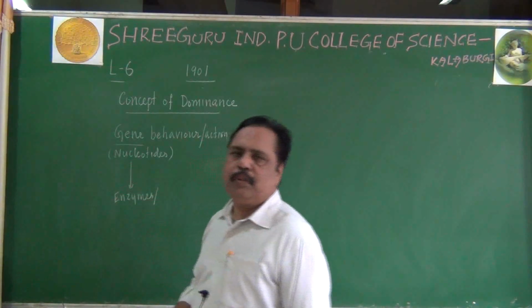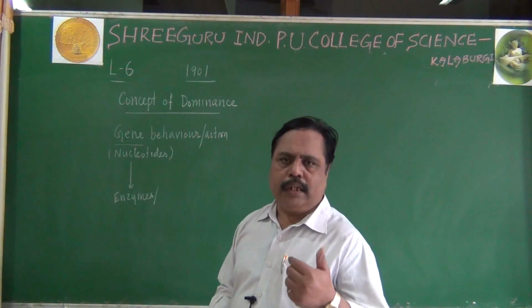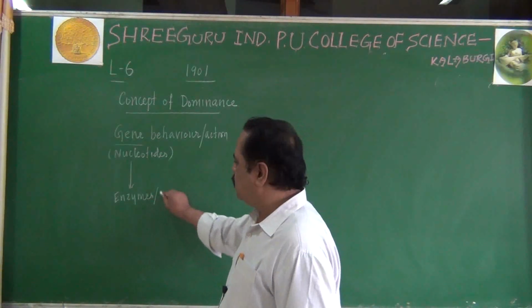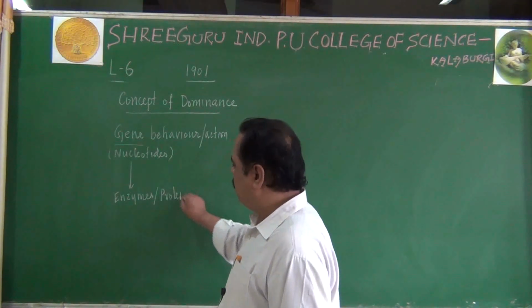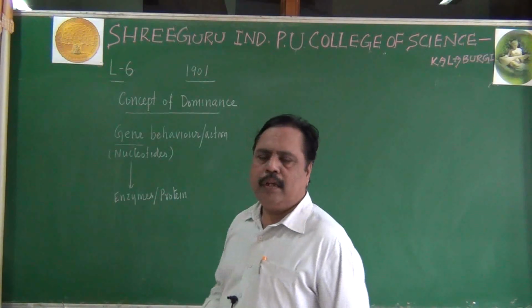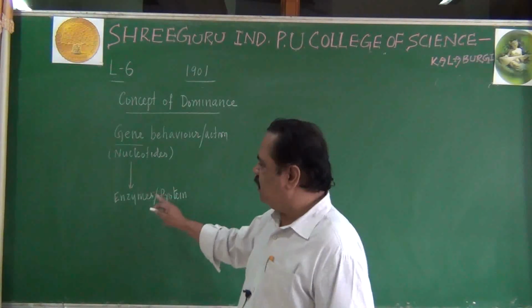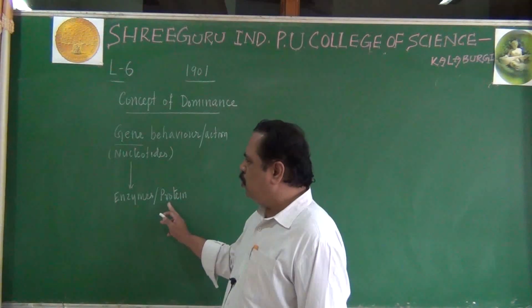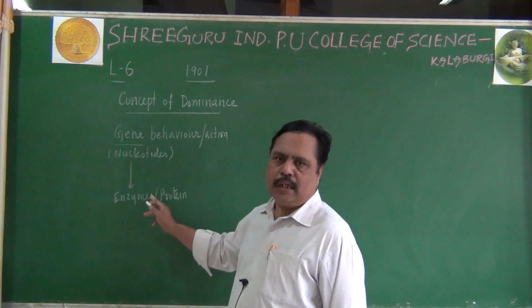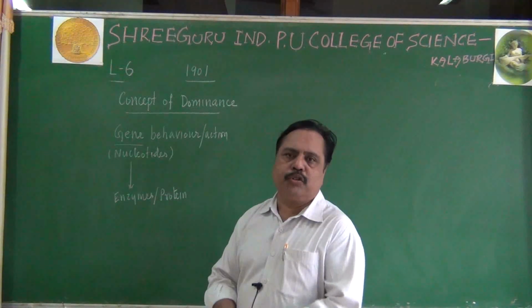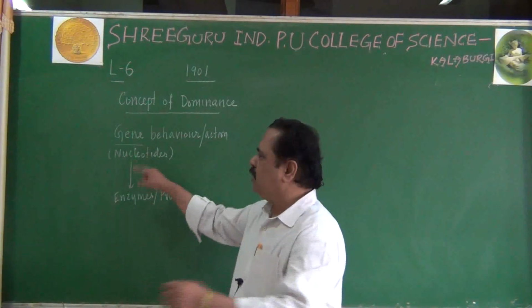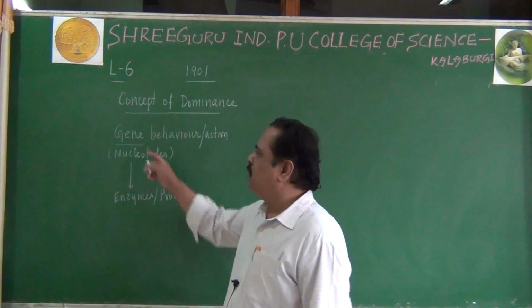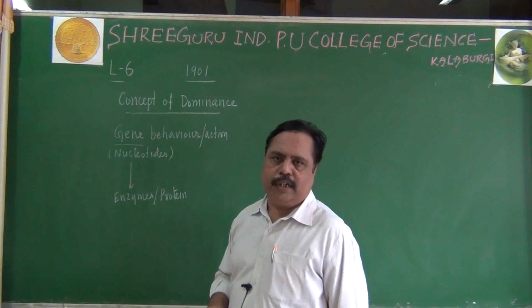They are responsible for giving a message for enzyme production or protein production. So in our body, proteins are synthesized in the ribosome of every cell. For that ribosome, who gives the order for which enzyme should be produced, how that enzyme should be produced, everything, the message will be given by gene only.